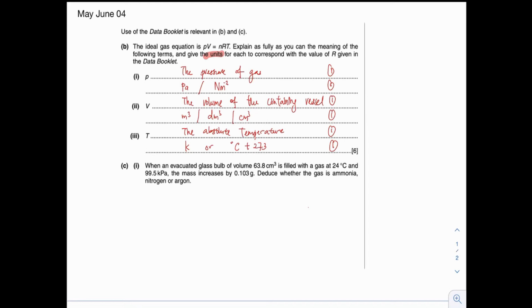So we can start from expanding PV equals to nRT, knowing that mole is mass over MR. So if we rearrange the equations, MR will be equals to mRT over Vp.